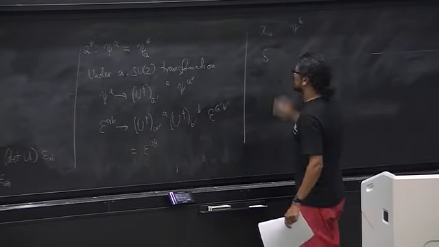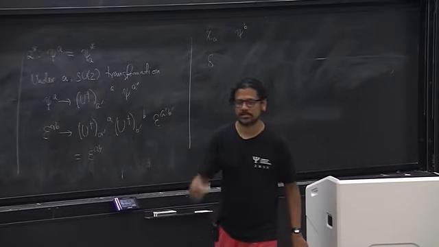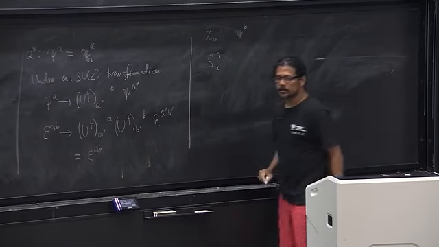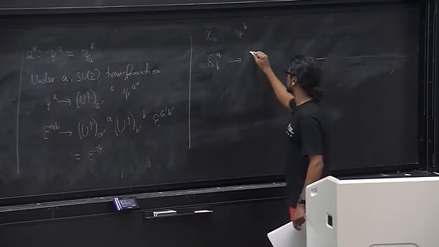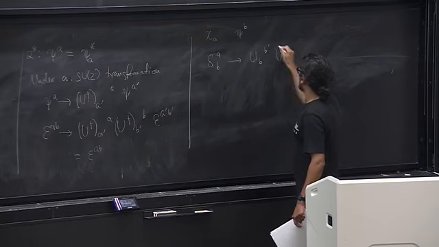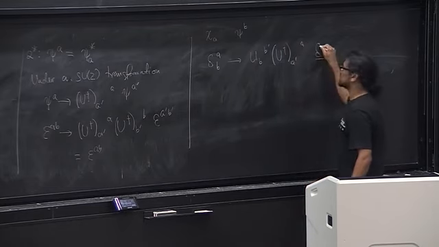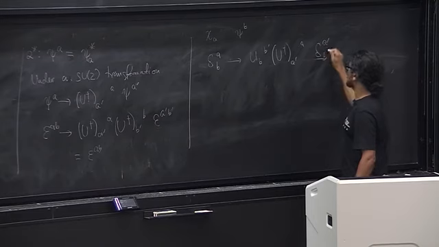So contracting a downstairs index with an upstairs index is done by another tensor. And this tensor should transform like U of B prime, U dagger of A prime, delta of A prime B prime.